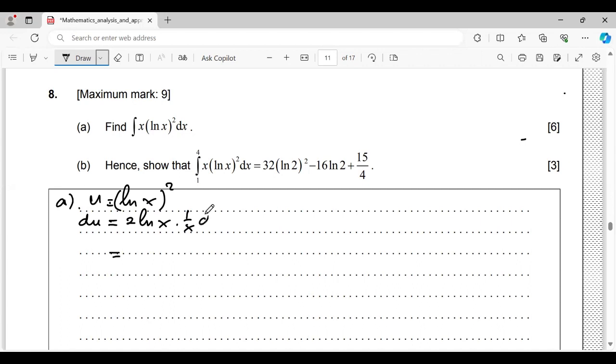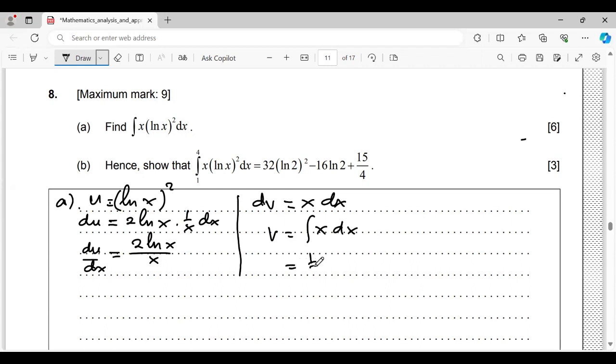So it becomes 2 ln x over x. This is du dx. dv equals x dx. And then v equals integral x dx, so it becomes half x squared plus c.